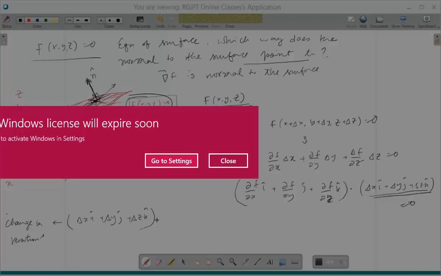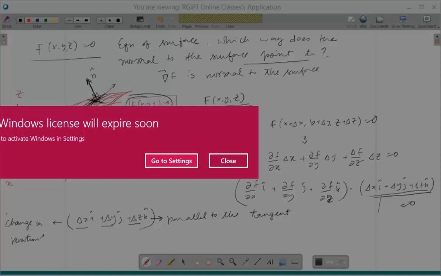Remember, I'm moving on the surface, so this should be parallel to the tangent, because I have to retain myself on the surface. Therefore, in the limit when these numbers go to 0, I am moving along a tangent to the surface at this particular point. It can point in any direction, but whatever it is, it has to be tangential to the surface.